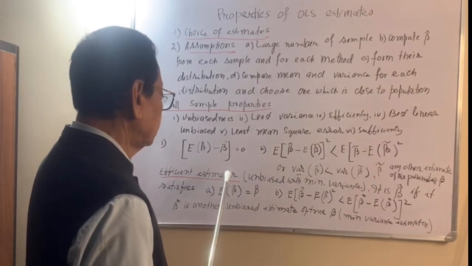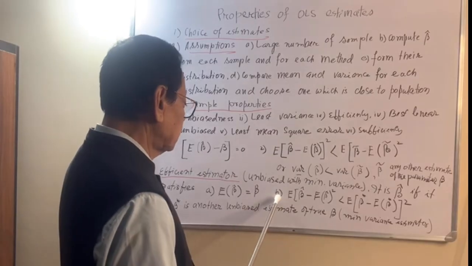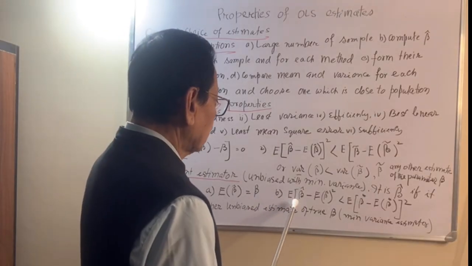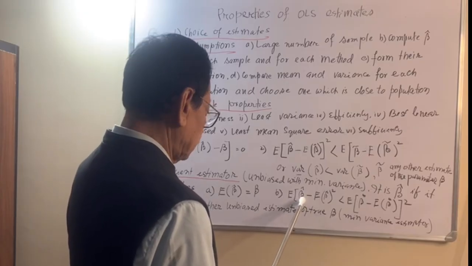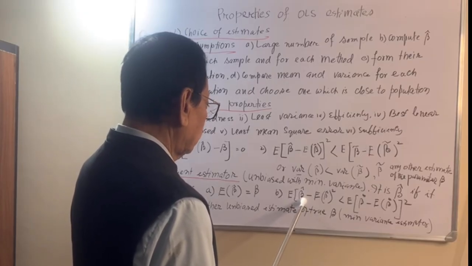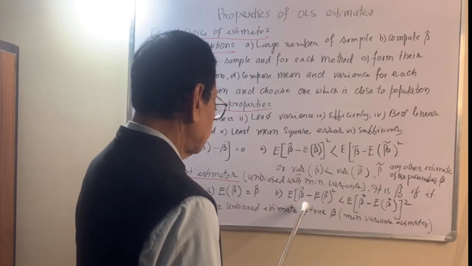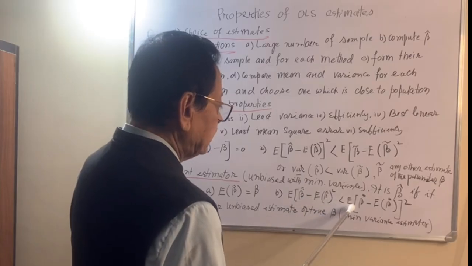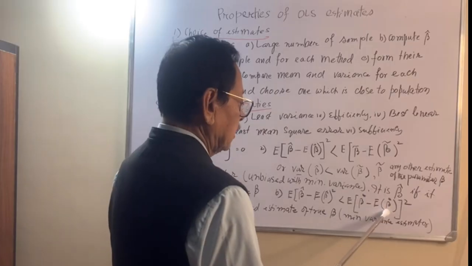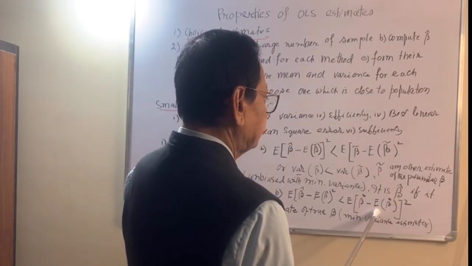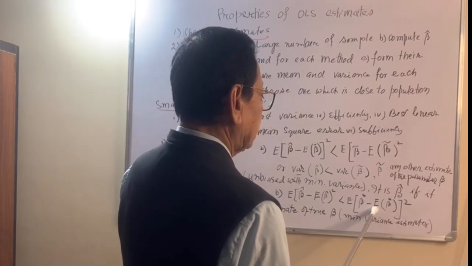Secondly, condition B: the variance, the expected squared difference of beta hat minus expected beta hat, should be less than that of beta star, another unbiased estimate of the parameter beta, or arbitrary beta.